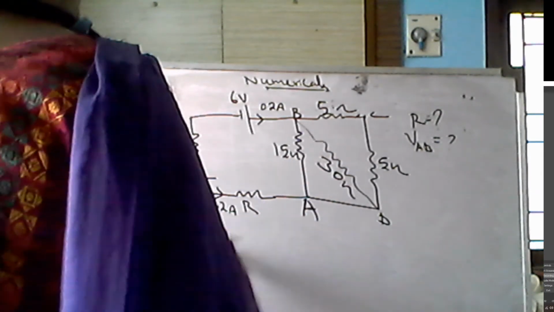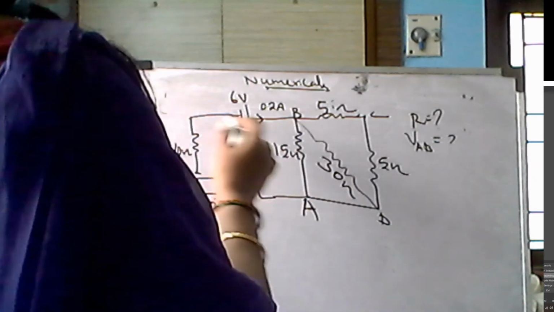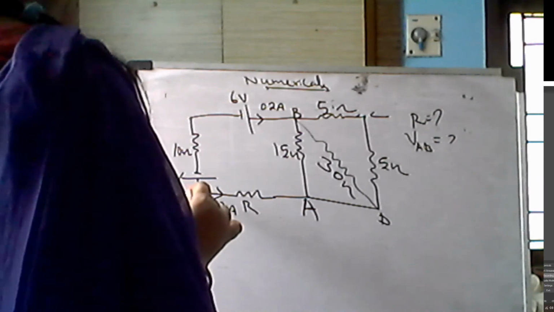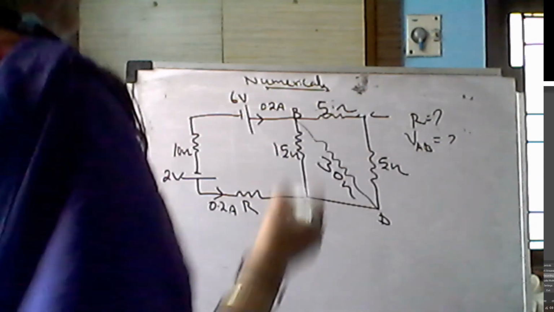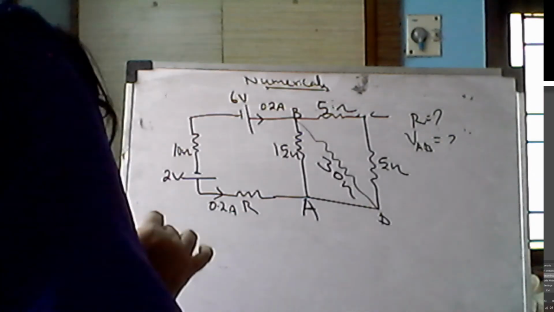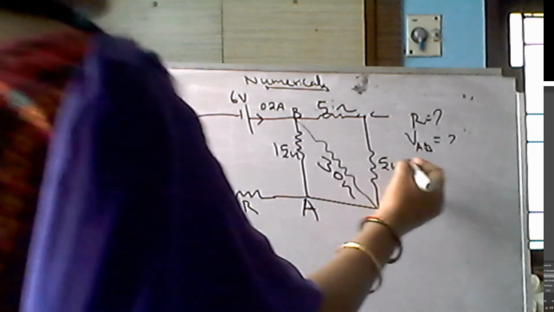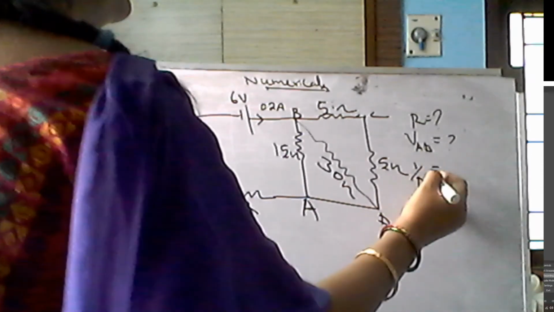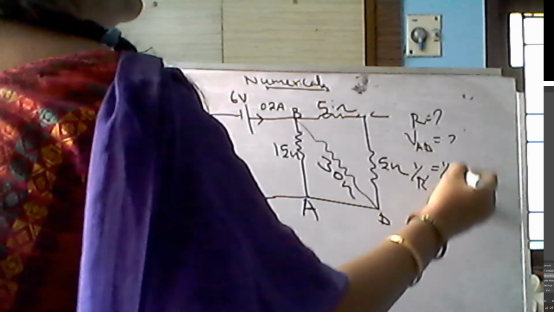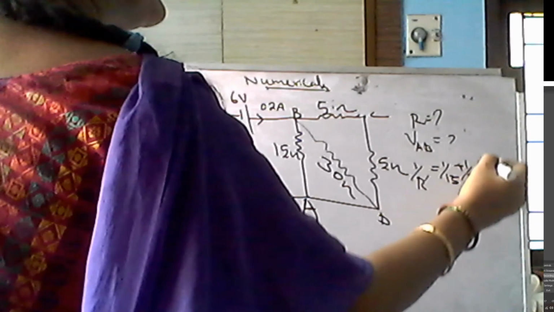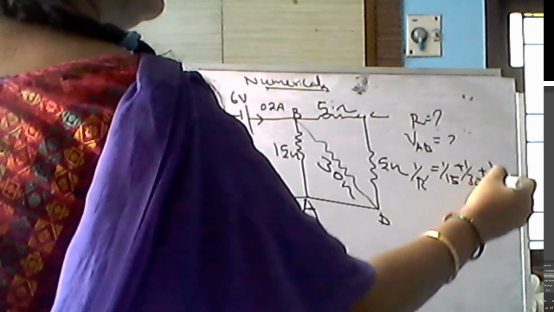So the question I am repeating. See here 6 volt, and then here 2 volt is given, current is given, these three are given. So here you can take 15, 30 and 10. All the three are parallel. When all the three are parallel, 1 by R dash is equal to 1 by 15 plus 1 by 30 plus 1 by 10.